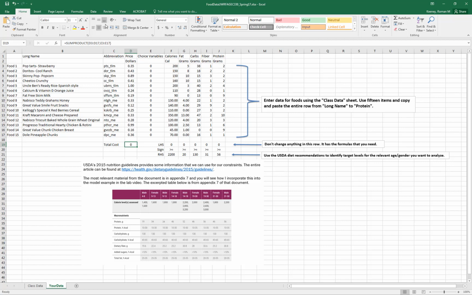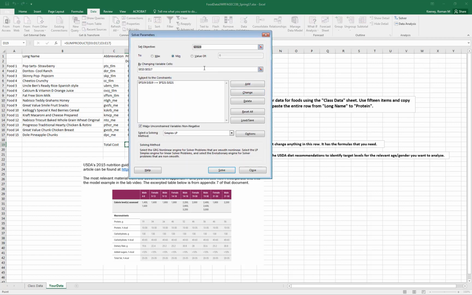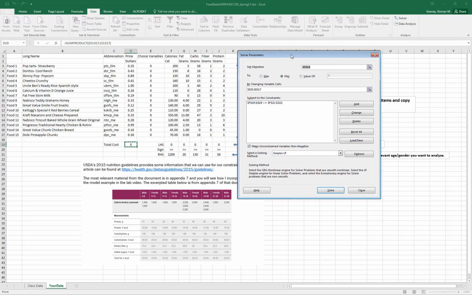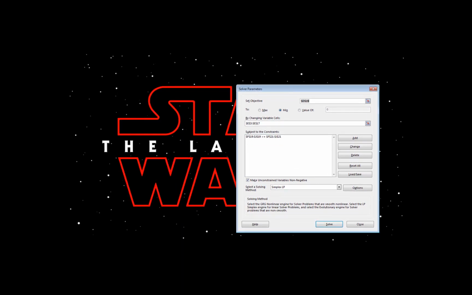The Solver tool is in Data up here, and if you go all the way to the right, you'll find Solver. Click on it, and I already have loaded in the relevant information for you.